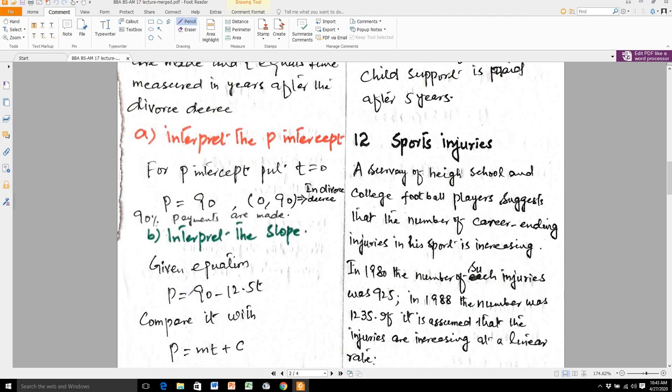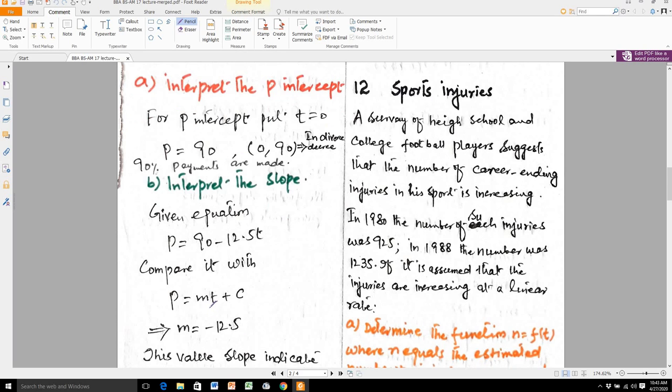The given equation is P is equal to 90 minus 12.5 t, and you know that this is our slope-intercept form. So we compare it with P is equal to mt plus c, where m represents the slope, t represents the time and c represents the p-intercept.